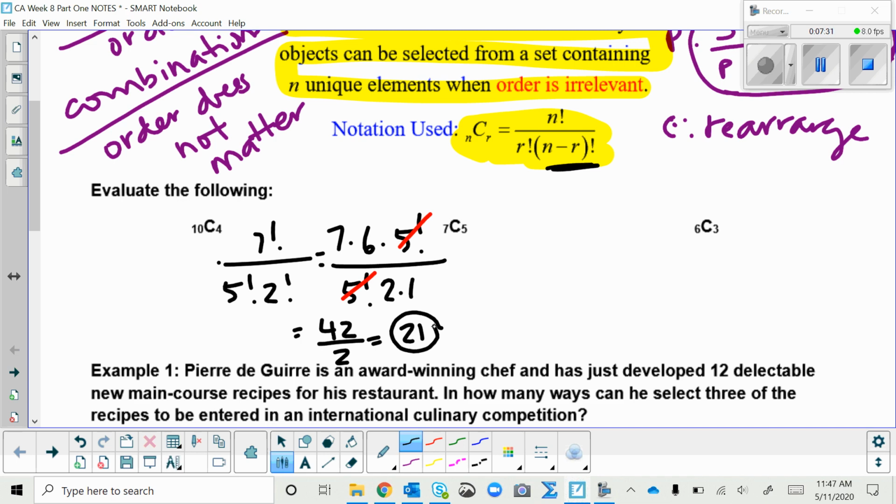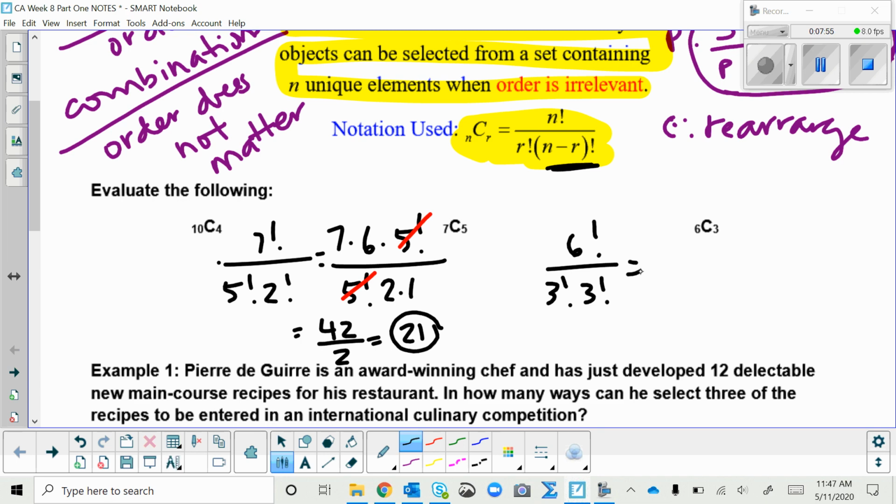And then for the last example, you should have 6 factorial over 3 factorial times 3 factorial. Resist the urge to say everything cancels out because 3 plus 3 on the bottom is 6. Okay, it doesn't work like that. You also cannot do 3 times 3 and make it 9 factorial. Okay, they are separate entities.